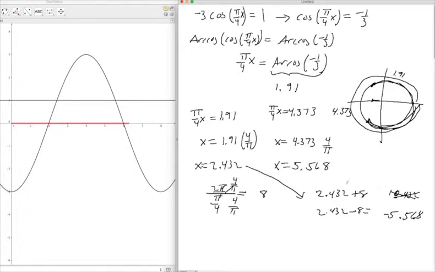So as far as this one goes with regards to the period, that's my only solution. Now if I do the same thing with 5.568, plus 8, I'm clearly going to be bigger than 2 pi. And if I subtract 8, I'm clearly going to be negative, so I don't want those solutions either. So in this instance, these would be my only 2 solutions to this problem.